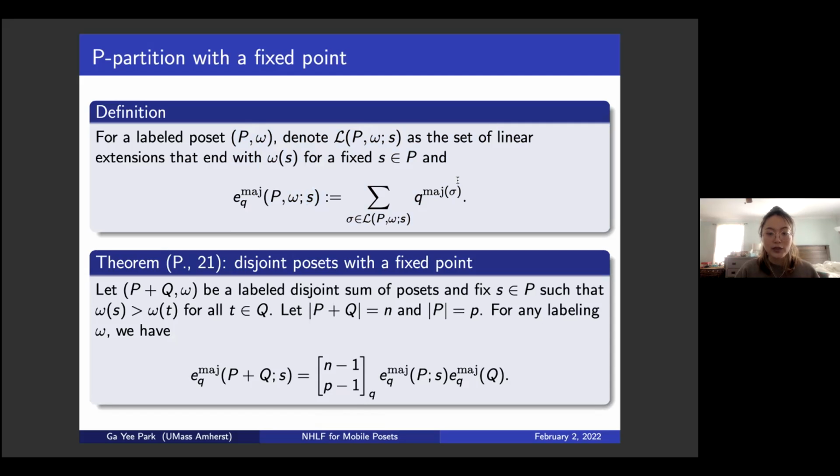Then we can count the number of linear extensions with just the ones that end with that particular element S, using this formula, and then we will shift just those, and leave the rest as is. So this was one of the necessary steps to figure out the E_q of the major index for my posets.